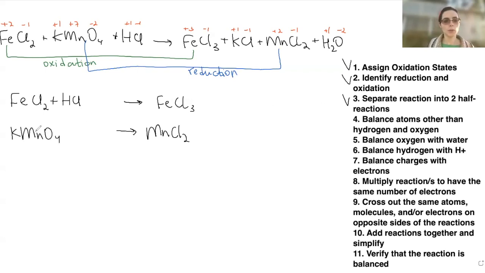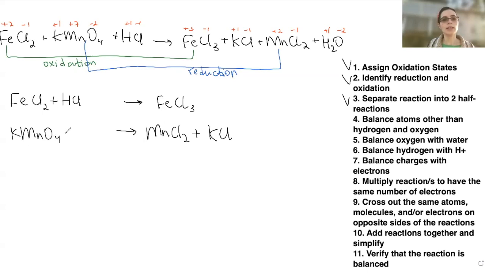For this particular one, we have potassium on this side and no potassium here, so I will add potassium chloride. So let's see what else. We have manganese, we have potassium, but we don't have chlorine on this side.